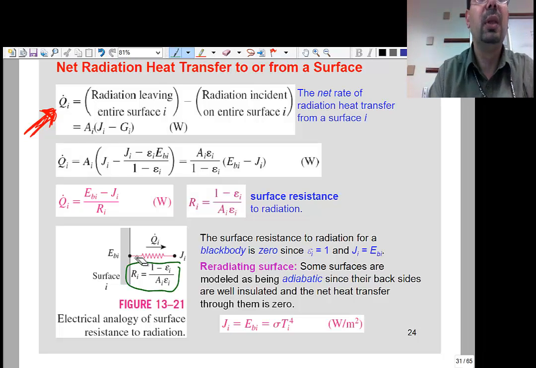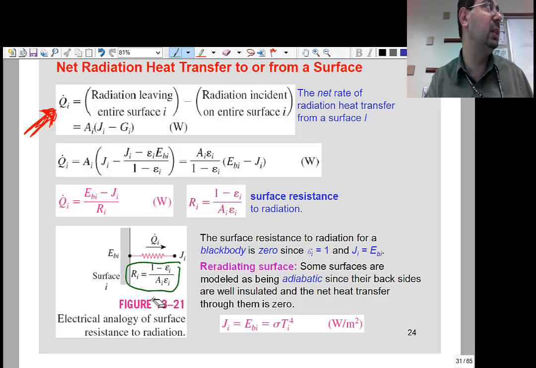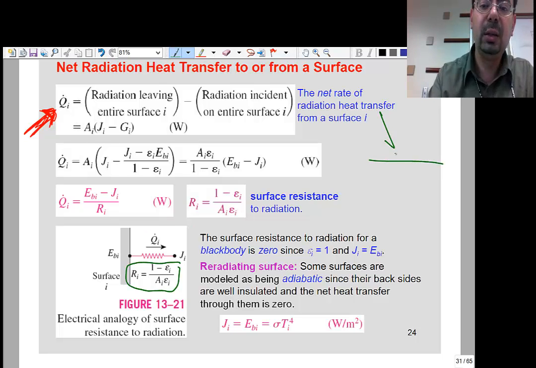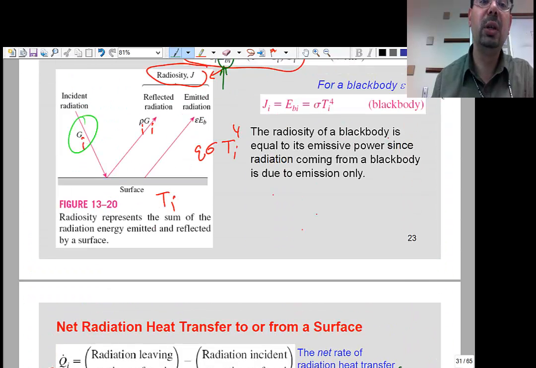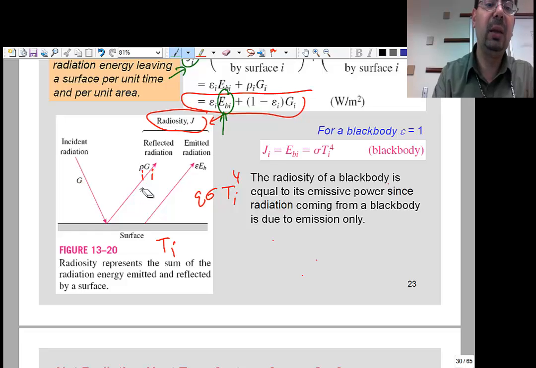So let's think there is E b I and there is J I, and there is a resistance between them. We don't know it yet; we just try to find out what that resistance is. Then he's saying the Q radiating out of that surface would be the difference between, remember, the surface had G falling into it, and leaving was, look at the previous sketch, what's the name of those two together?